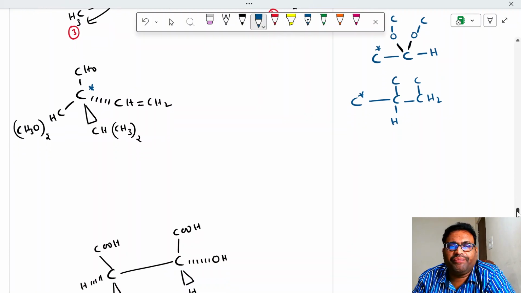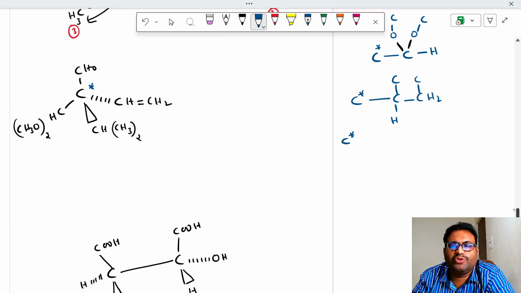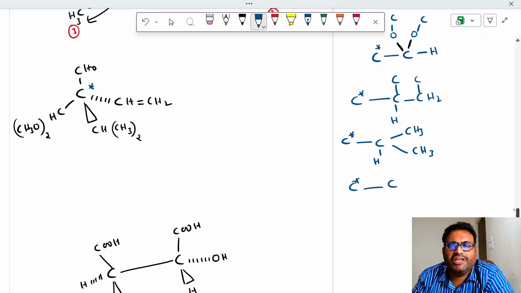So let us see. Again, C star is attached to whom? C star is attached to CH, CH3, CH3. Next, C star is attached to whom? CH. Okay, OCH3, OCH3. Right?